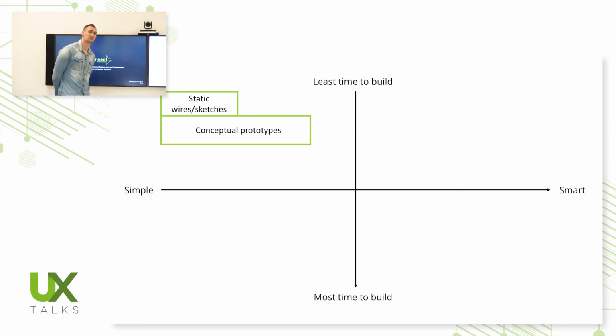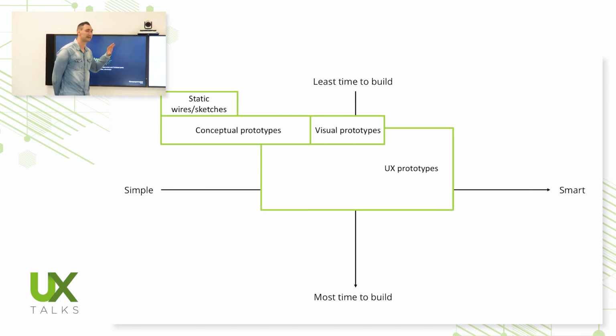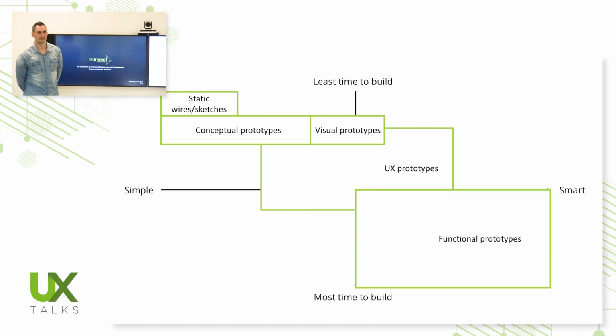Creating conceptual prototypes, maybe out of static wires, linking them together, could be done in a day. The same goes for visual prototypes. When you create a UX prototype out of it, it could be done in a week. But when you really require the most functionality and you have time to build it, you should really consider a functional one.